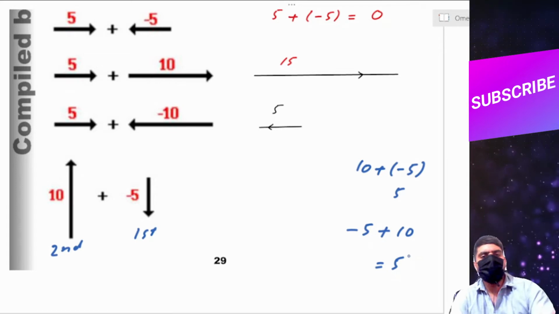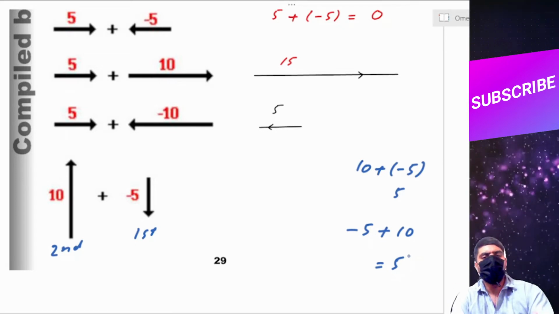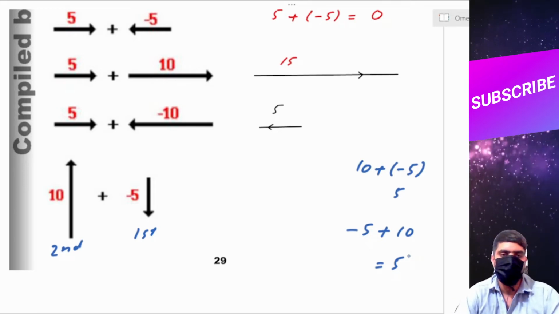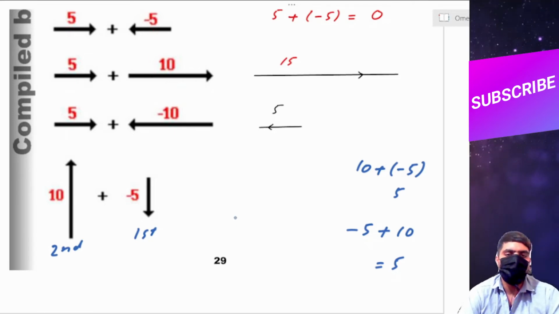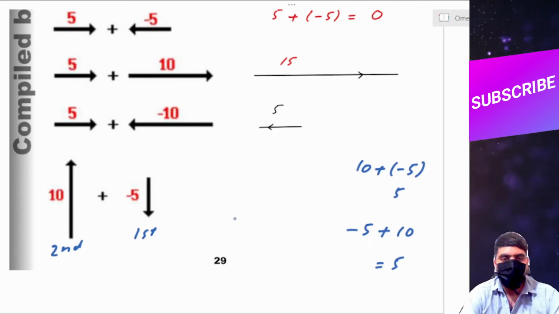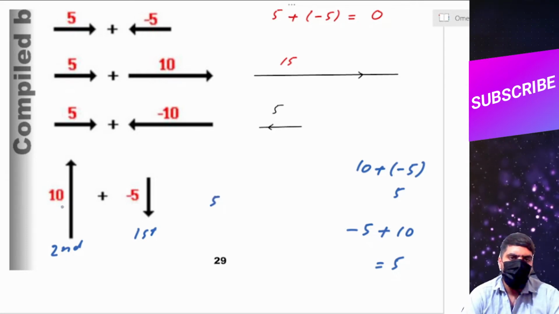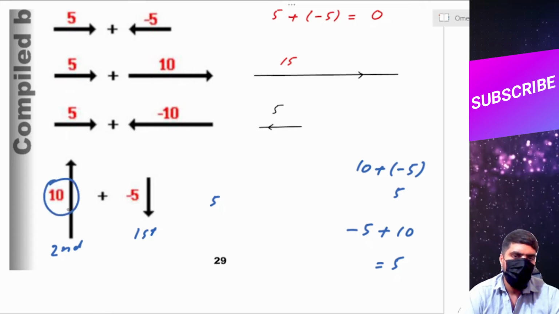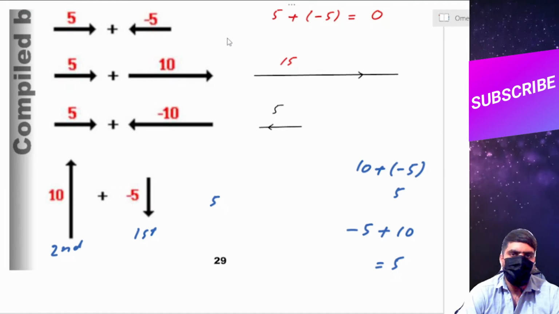So whatever vector you choose first, it does not affect the magnitude or the direction of the resultant vector at all. Now we understand that the answer for the resultant vector would be 5, but then the question is in what direction? Since the bigger vector was 10 Newton and it was upward, the direction of the final one would also be upward.